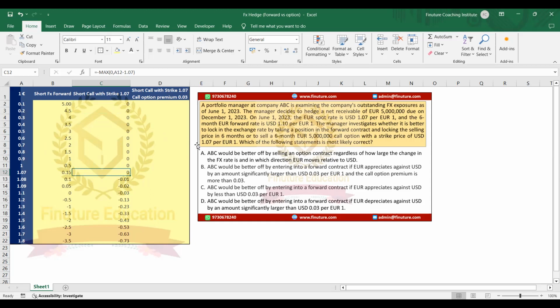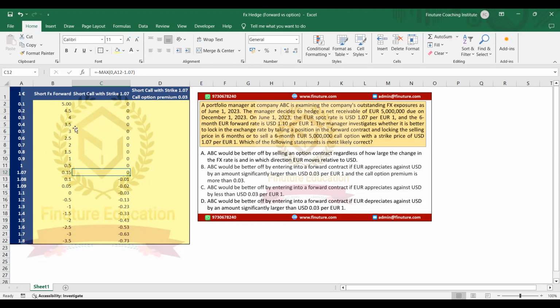Now let's have a look at what options we are given. The first option says ABC would be better off by selling option contracts regardless of how large the change in the FX rate is and in which direction the euro moves relative to USD. So it says that the option is better regardless of the direction. That is not the case, right?